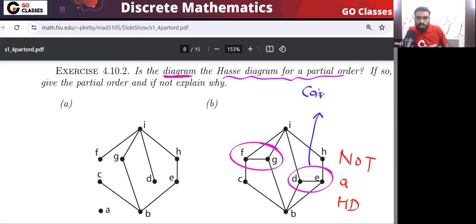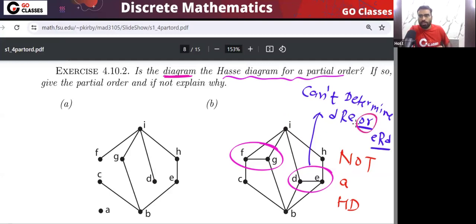Now we can't determine whether D is related to E or E related to D. Is this clear? So we cannot determine what is happening.